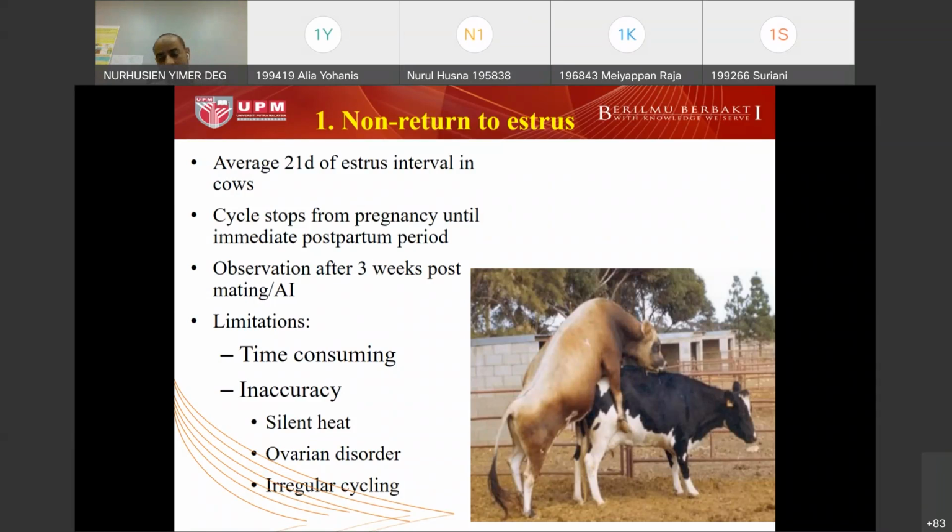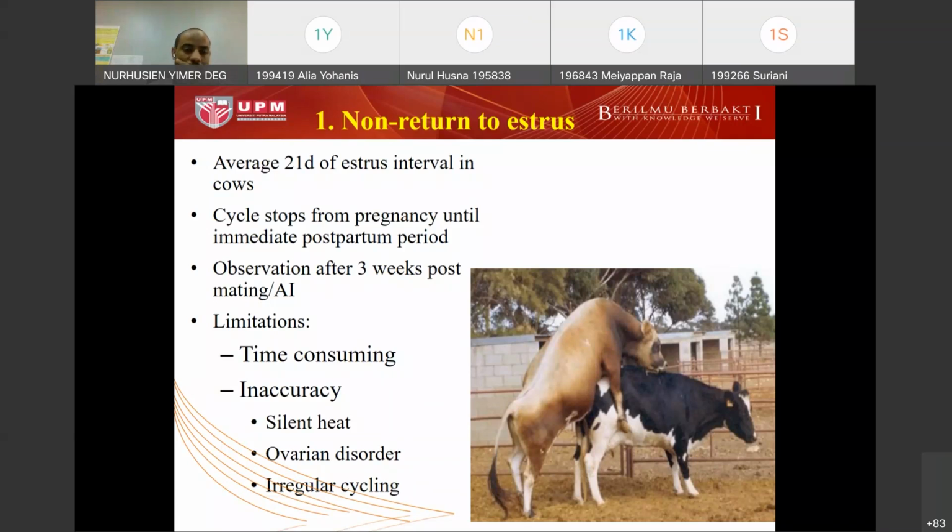The expected estrus after 21 days of the first estrus that you have seen and used for breeding will not be coming back again. So that is the principle, if you think that this cow is successful with that breeding program.